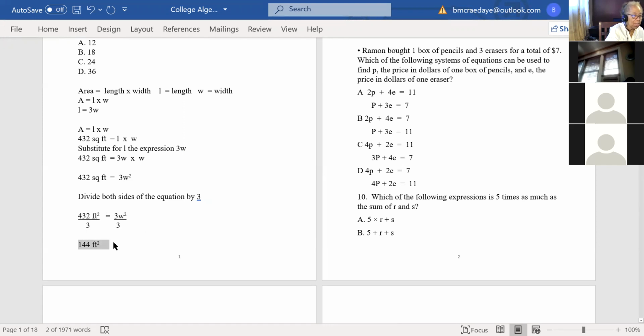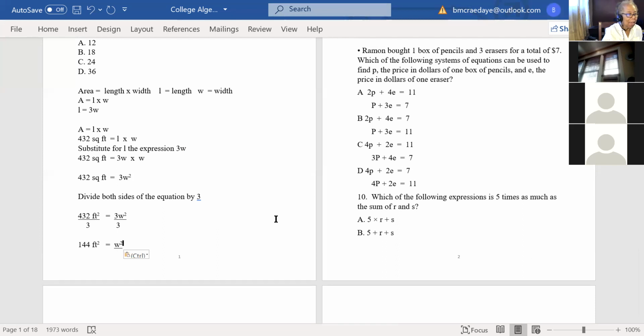And what's 3W squared divided by 3? What's that, Latoya? W to the second power, right? So 144 square feet is equal to W squared.